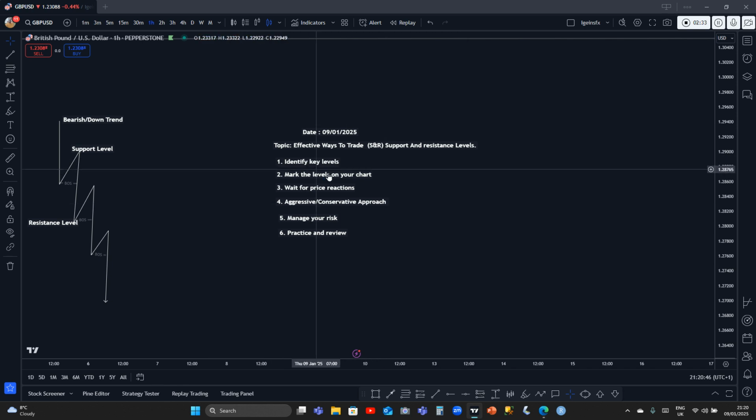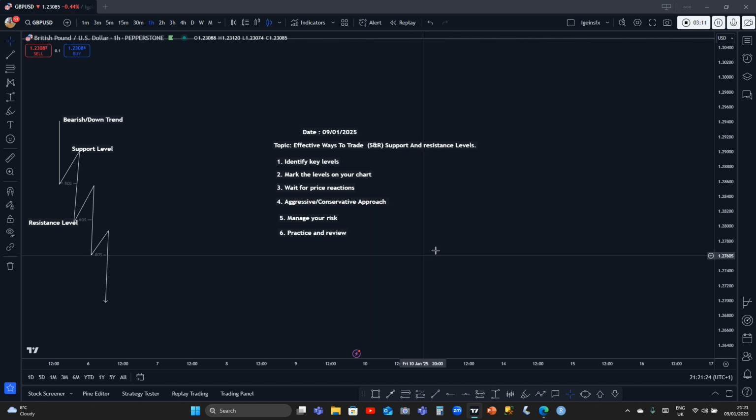Today, there's a topic I titled Effective Ways to Trade S and R. The full meaning of S and R is support and resistance level. It's very important you know all these things, because everything is centered on support and resistance. If price is going up, it will get to a level, it will stop, and it will retrace, or you call it a moment of relief.